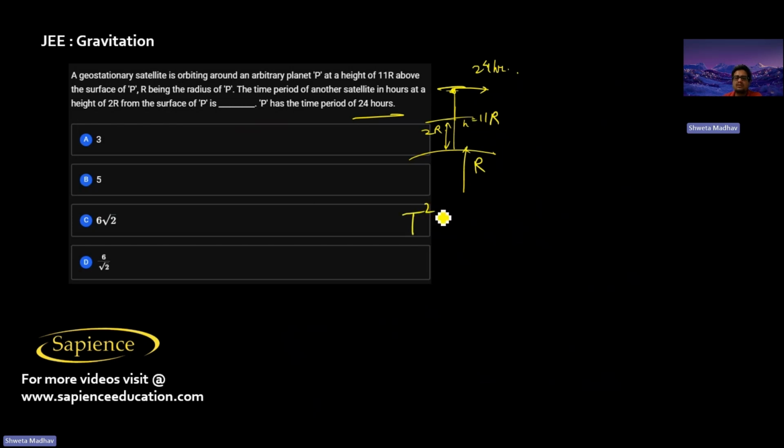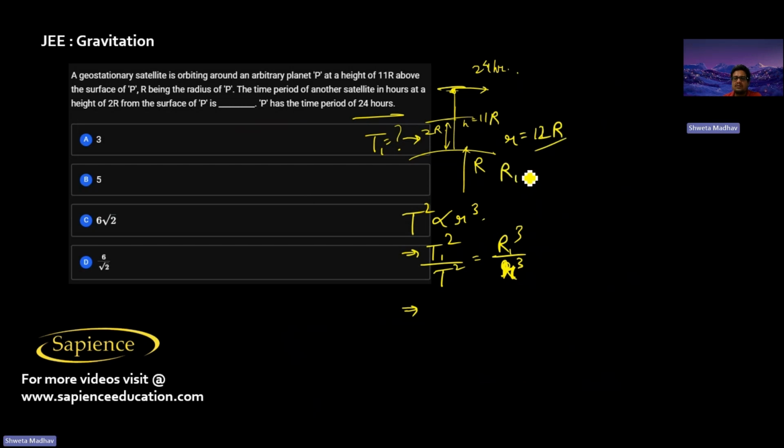So we know T² is proportional to R³. We have to find the time period of this satellite, T1. So T1² by T² is equal to R1³ by R³. Now the radius of the orbit of the geostationary satellite is 11r plus r, that is 12r, and R1 is 2r plus r, that is 3r. And T is 24 hours.